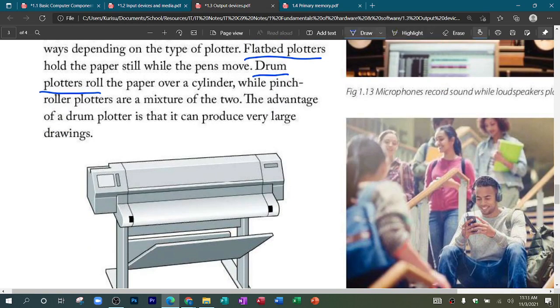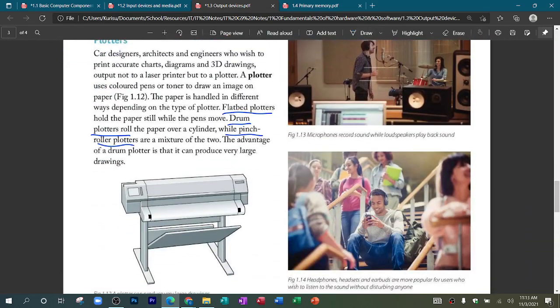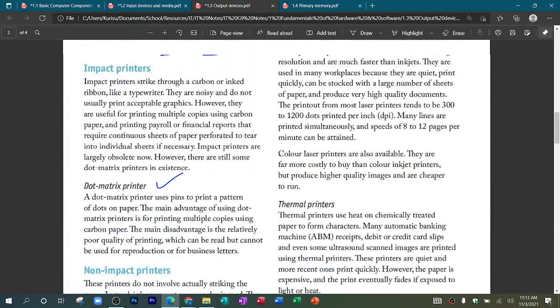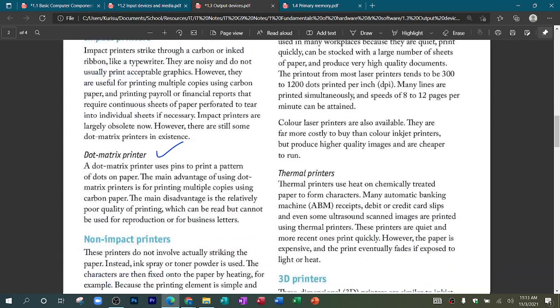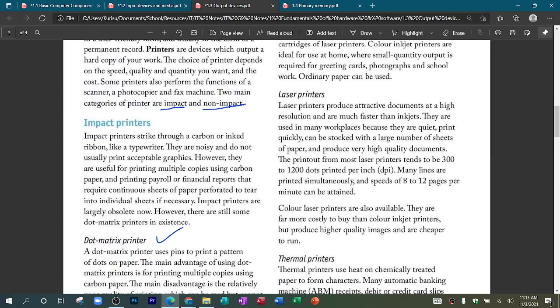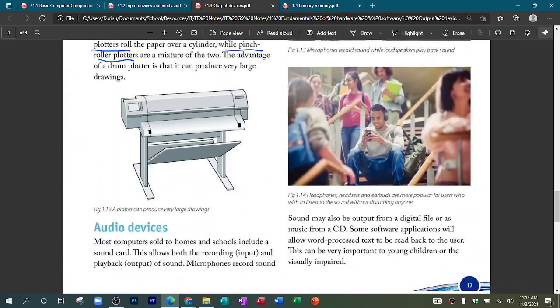And then we have the pinch roller plotter, which is a combination of the flatbed and the drum plotter. So that is basically all of the hard copy output devices, all of the printers. Impact printers: dot matrix. Non-impact printers: inkjet, laser printer, thermal printer. And we also have 3D printers and plotters.